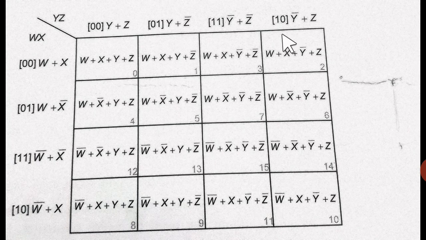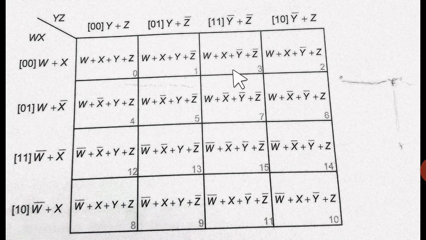Alright, now with the help of these variables we will find the values of these squares. Here it is w plus x plus y plus z, because on the row side it is w plus x, and on the column side it is y plus z. Similarly you can check all the other columns.